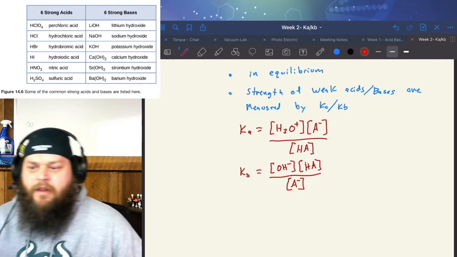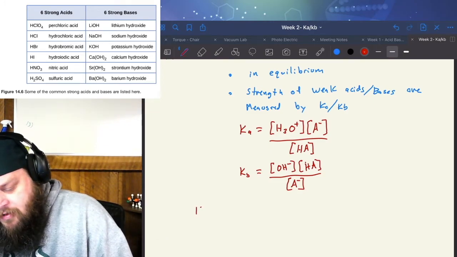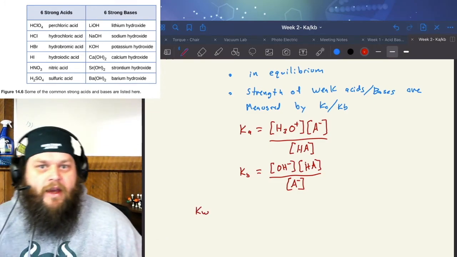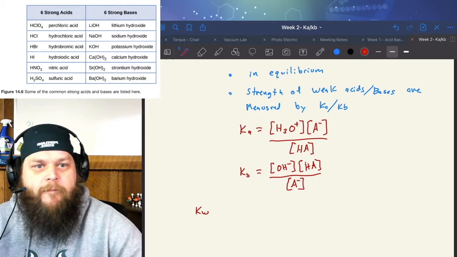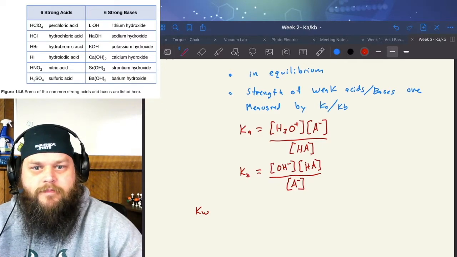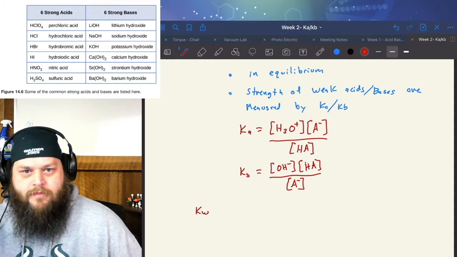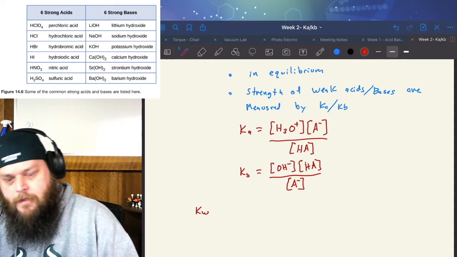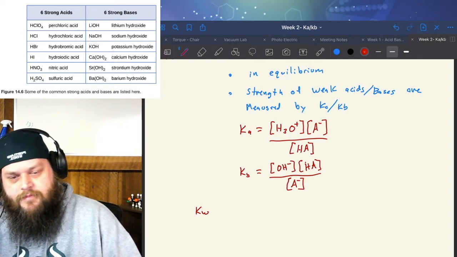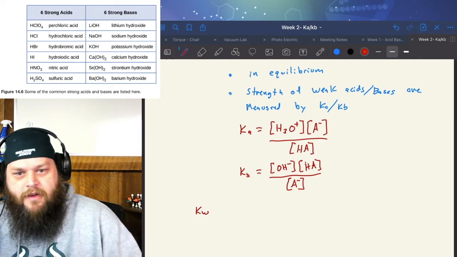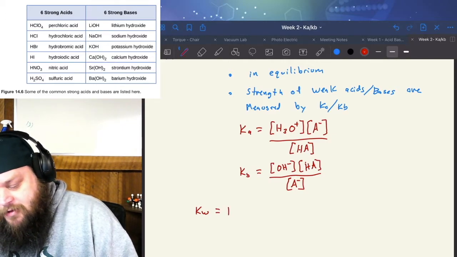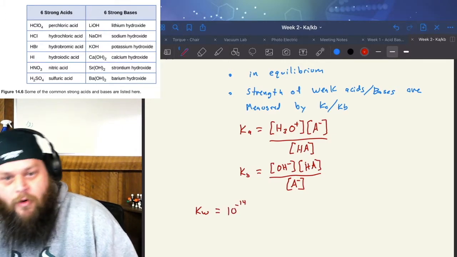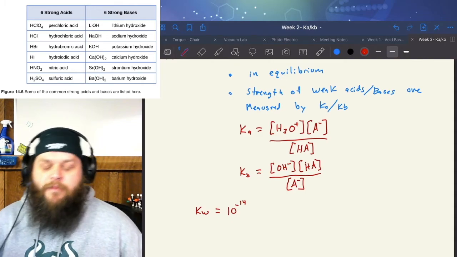We talked a little bit last week about Kw. Do we remember what Kw is? Anybody? Perfect. That's right. Kw is basically 10 to the negative 14, or 1 times 10 to the negative 14. It's the same.